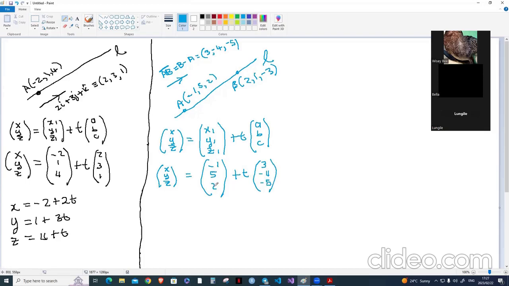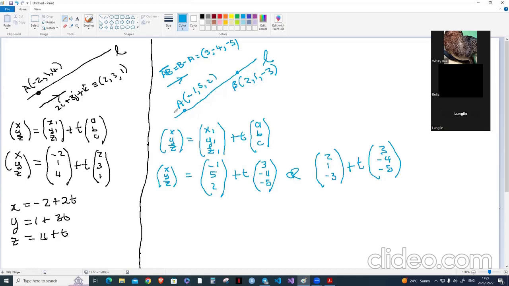So you need to understand that what they did here is they used this point, because it could be (2, 1, -3). There could be a lot of variations, you understand? And it could be (3, -4, -5), right? That's another option.